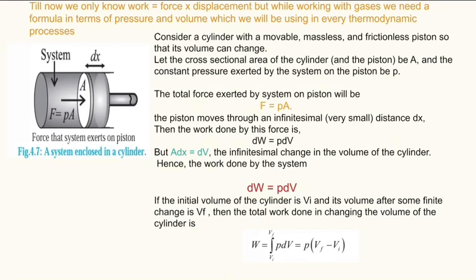Then work done is force into displacement, that is F into dx. F is PA, so dW is equal to PA dx. A dx is nothing but the change in volume, dV. So now your equation will be dW is equal to P dV. This is a very important equation.